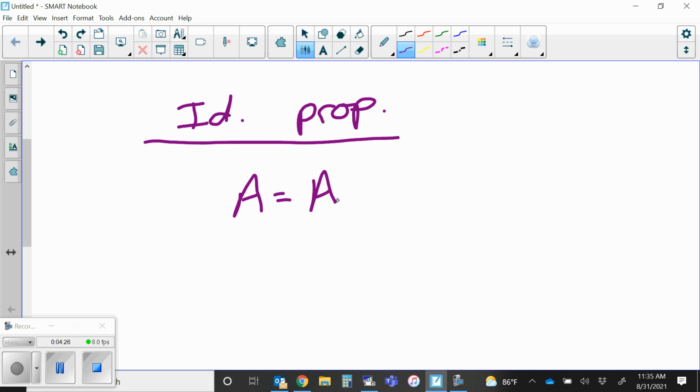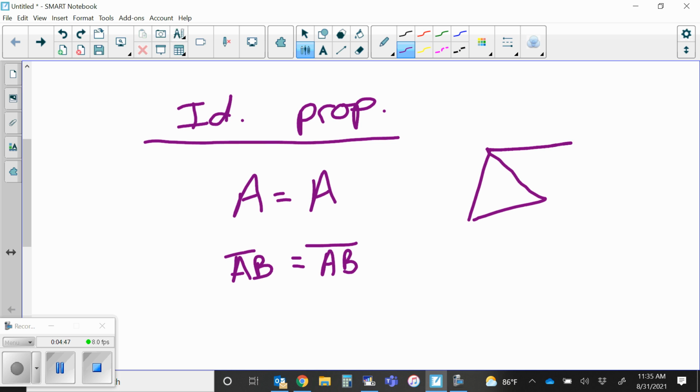Meaning like A equals A. Or probably how we're going to use it more along is AB is equal to AB. It's equal to itself. Now you're going to be like, why in the world would we ever use that? Well, later on we're going to do these things called proofs with two triangles.